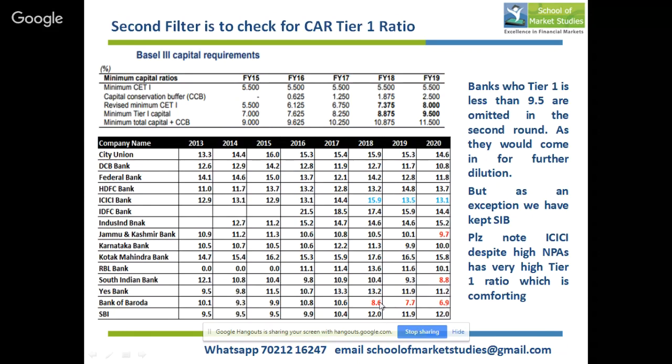So Bank of India will need funding, even after FY18. South Indian Bank will need funding, and Jammu Kashmir will need funding. So we have further pruned this list by two banks. But we have kept SIB in this list because, apart from the fact that it is short on funds, generally its performance has not been that bad on the NPA levels.